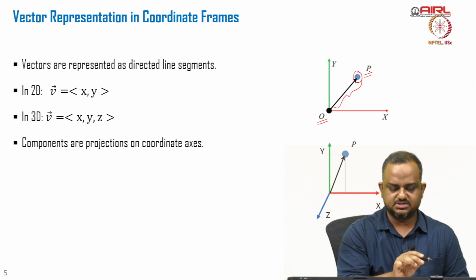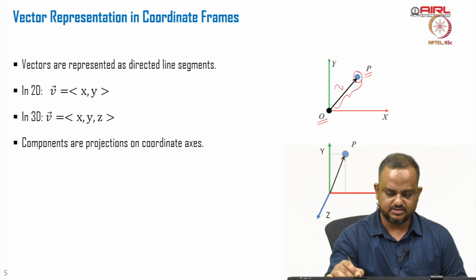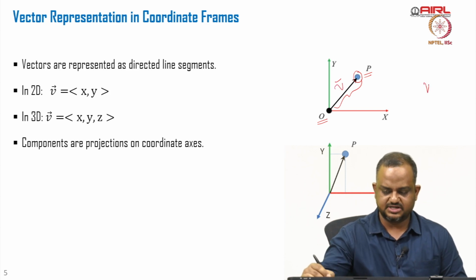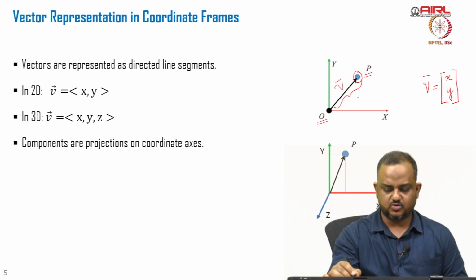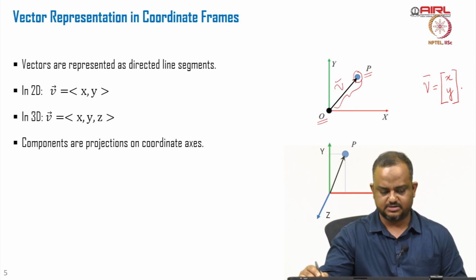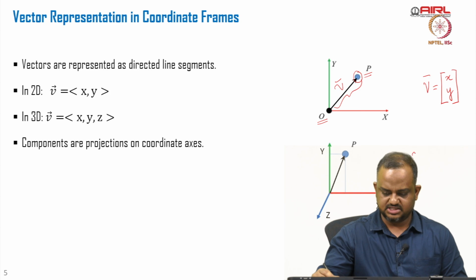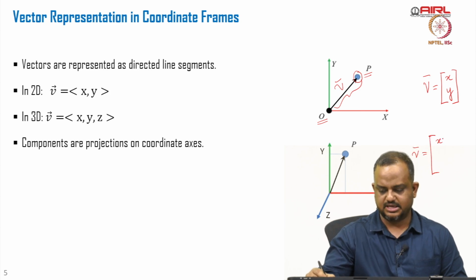In two-dimensional scenarios, this vector V is represented as an array where the first element is the x coordinate in the coordinate frame and the second one is the y coordinate. In 3D, this vector V becomes x, y and z.